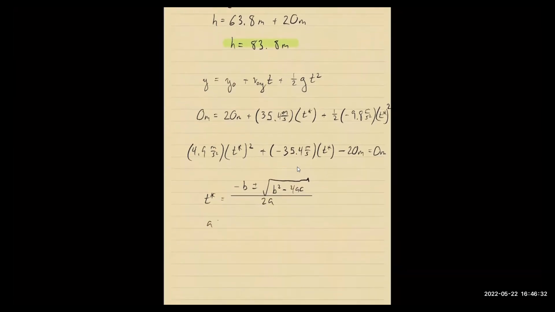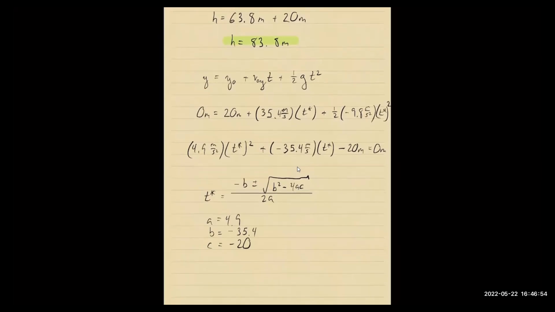So in this case, a is 4.9, b is minus 35.4, and then c is minus 20. Very good. So let's plug this stuff in.